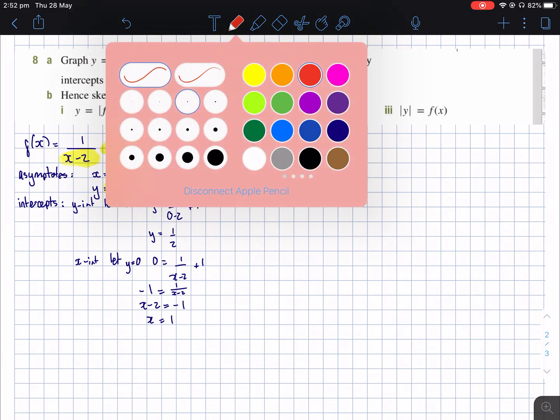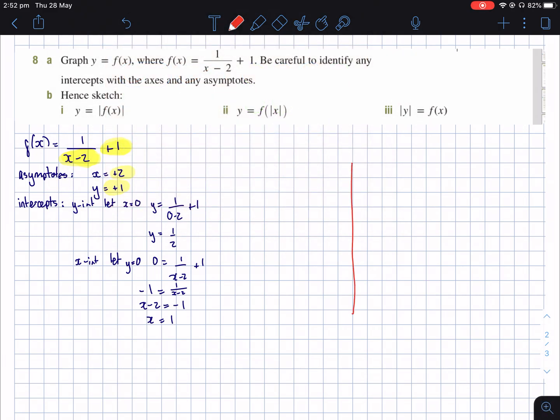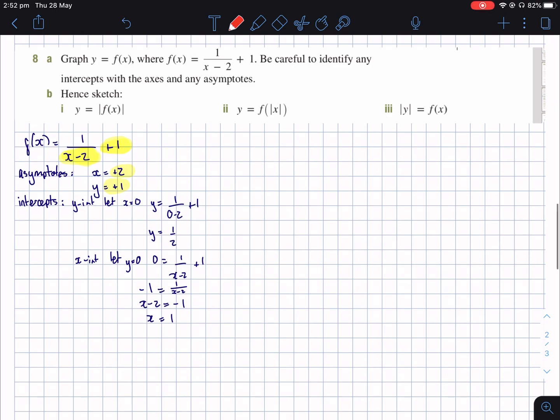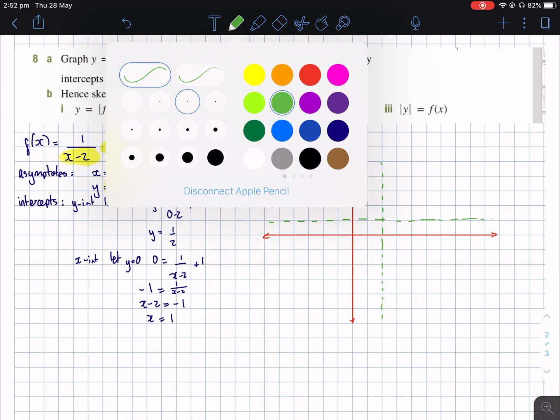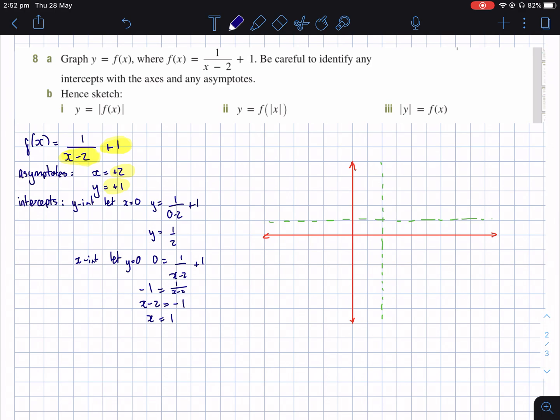And let's graph. Let's graph well. Okay, I'm going to put in lines for my asymptotes. So positive 2 and positive 1. I'm going to put in my intercepts.